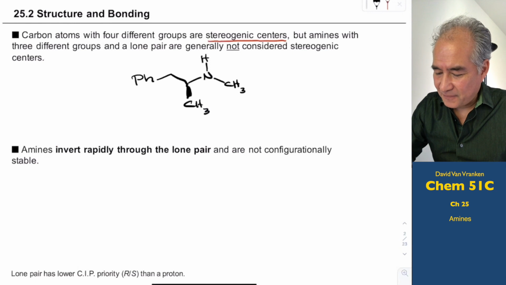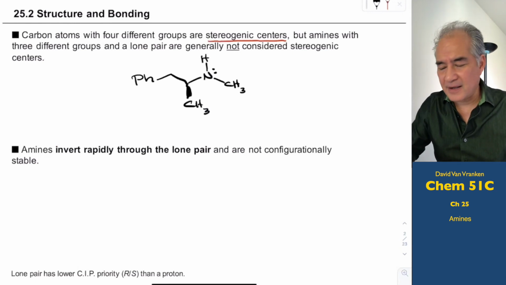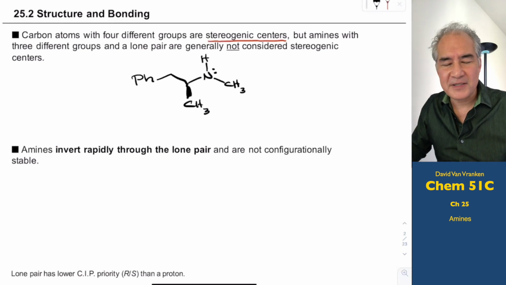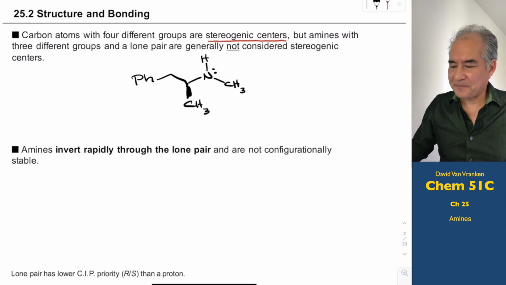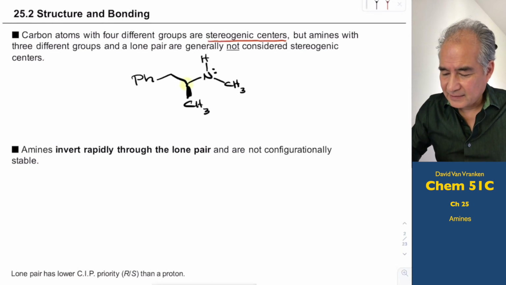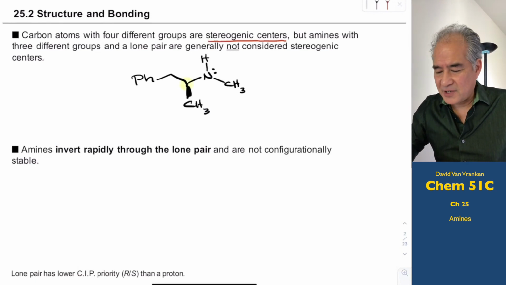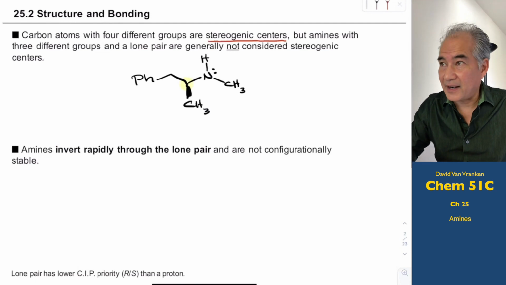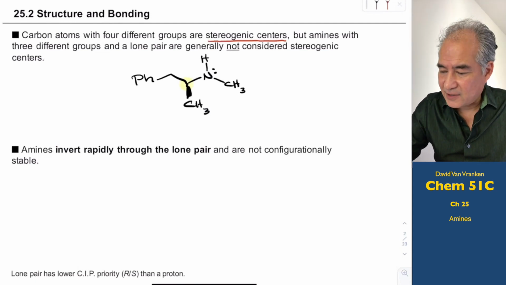And there's 4 different groups on this nitrogen. So in theory, this methamphetamine has 2 different stereogenic centers. I think one of these stereogenic centers is obvious. That's this one right here. That's got 4 different groups on it. It's got nitrogen, H, methyl, and then a benzyl group on there.